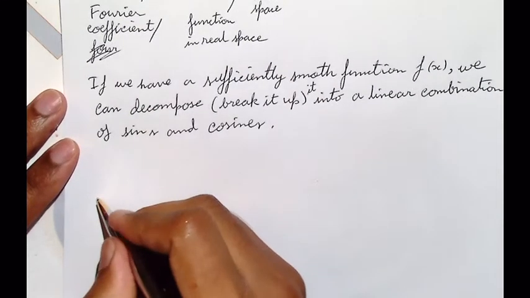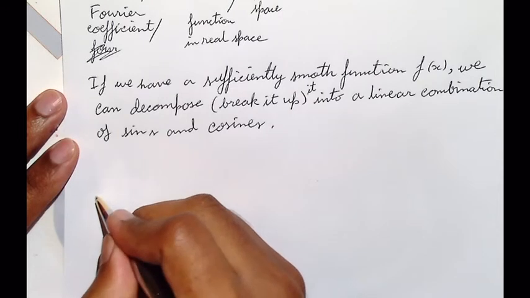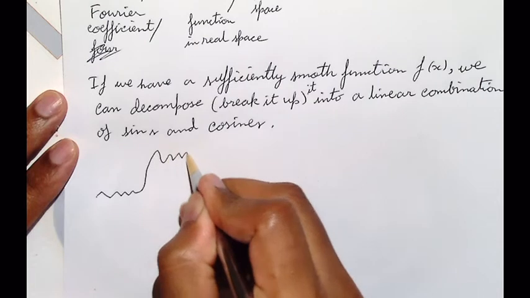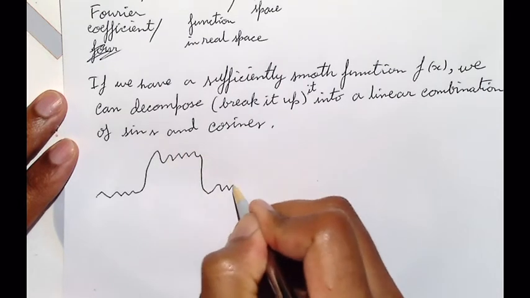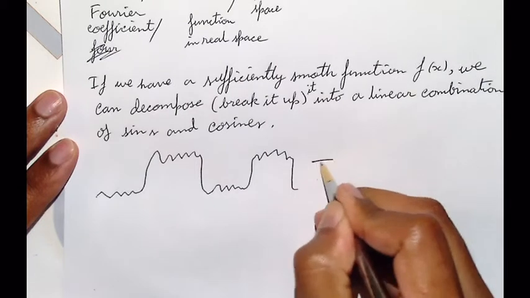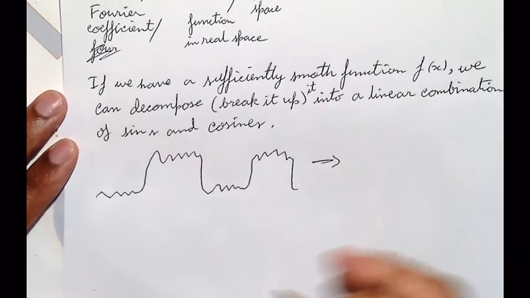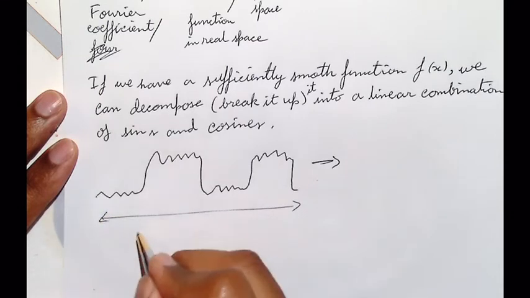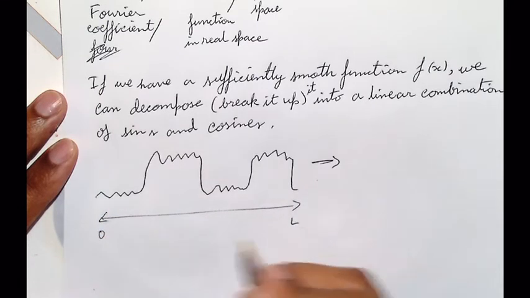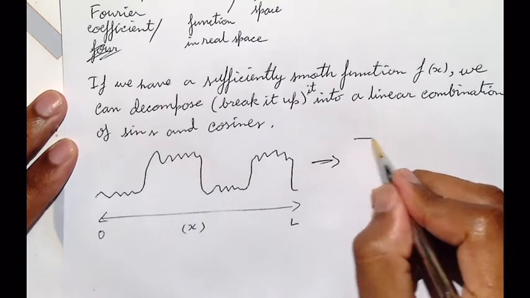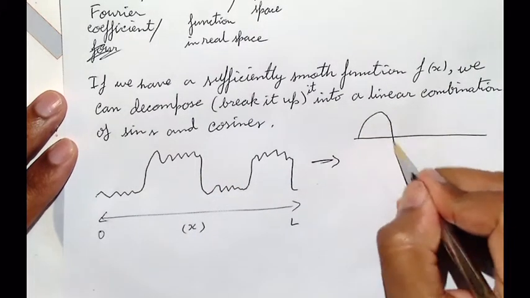Okay, so if we look at a cartoon example, if we have a signal that looks like this, again, this is just a schematic representation. Let's say x goes from 0 to L. This is actually a linear sum of individual sines and cosines.